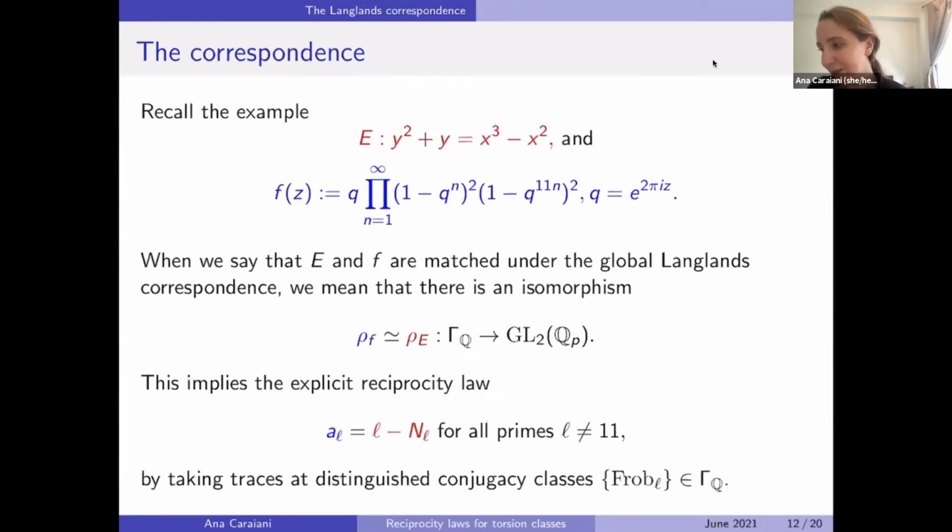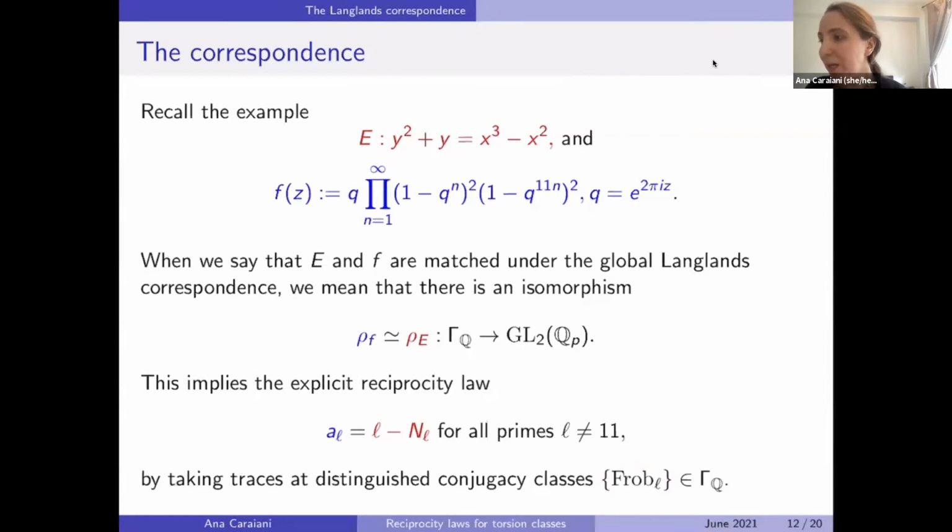It turns out that these conjugacy classes will give you well-defined elements up to conjugacy, and so the trace of the matrix is a well-defined number. Okay, so this is an instance of the global Langlands correspondence for GL2 over Q.